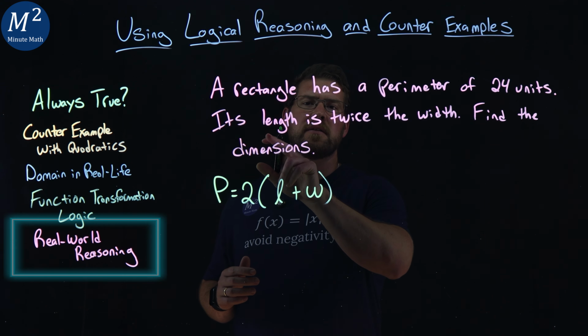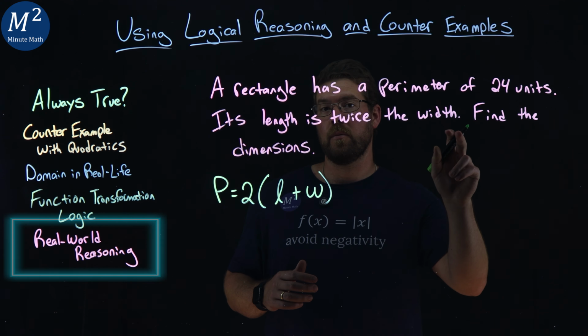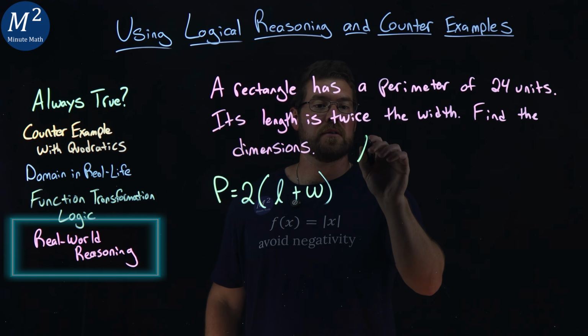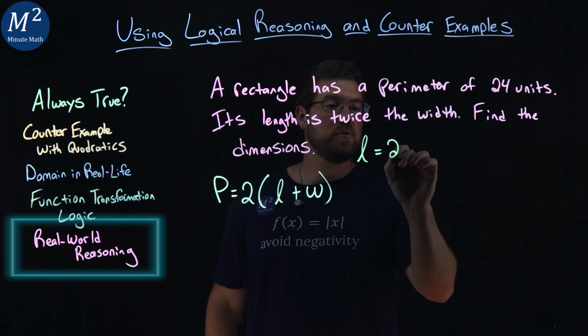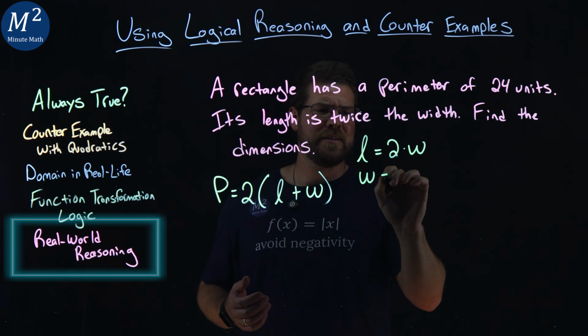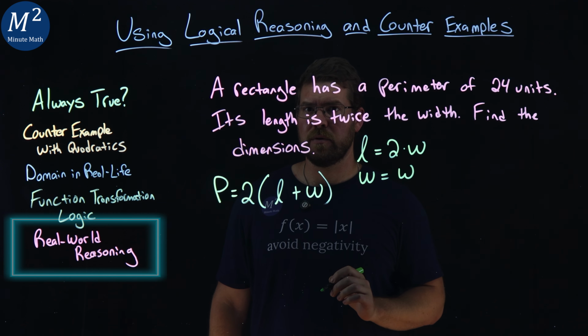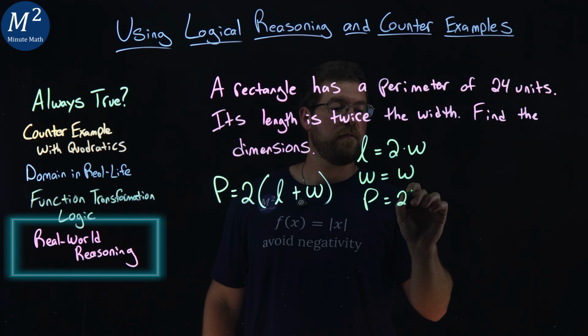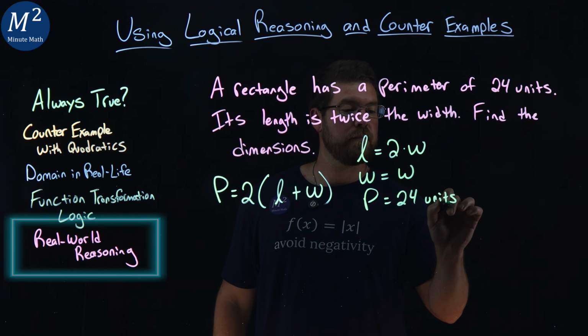Now they tell us here that the length is twice the width, okay? So our length is equal to 2 times our width. And our width is just equal to W. And we know the perimeter, they tell us here, is 24 units.